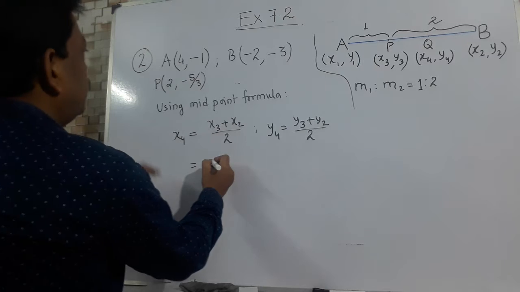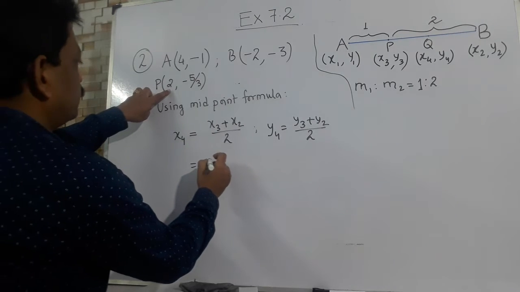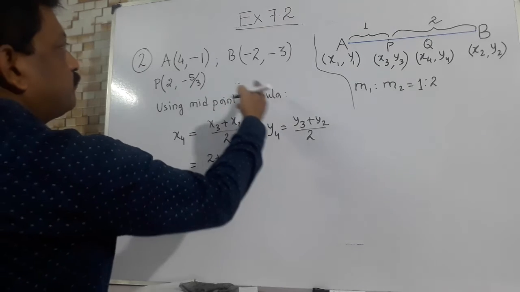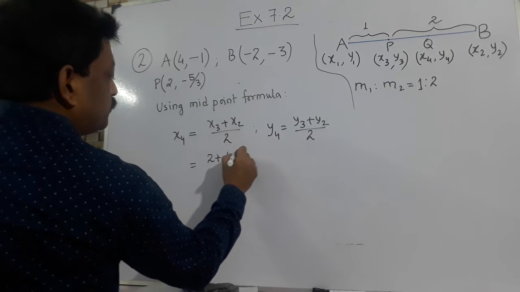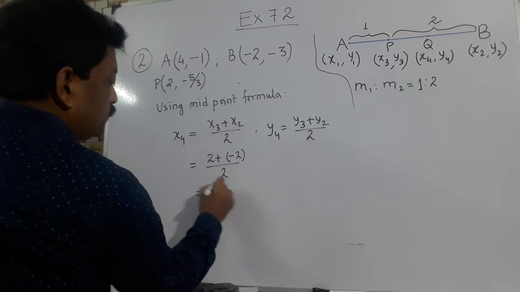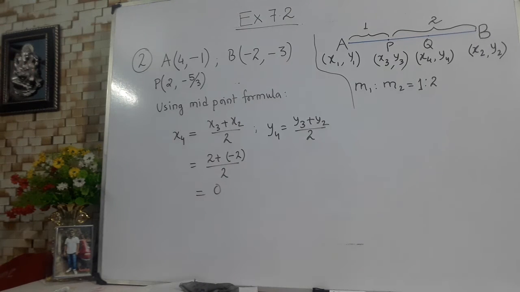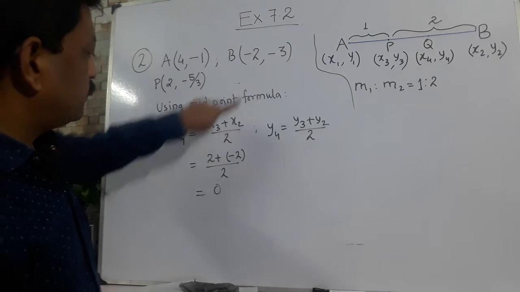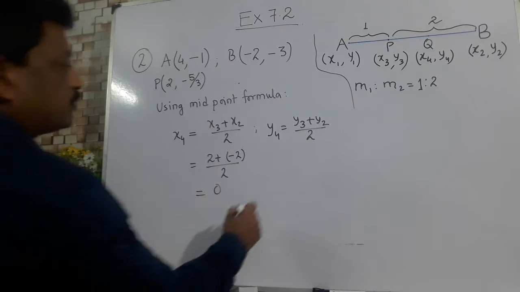We have already got x3 as 2 and x2 is minus 2, by 2, that is 0. So x4 is equal to 0.